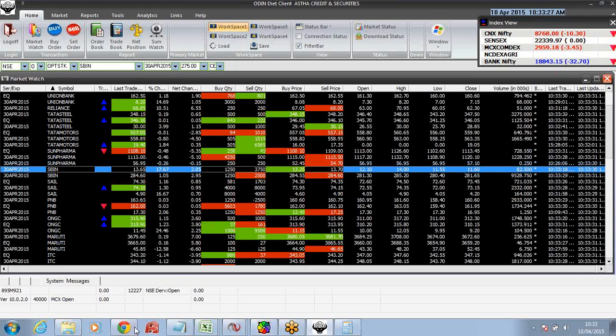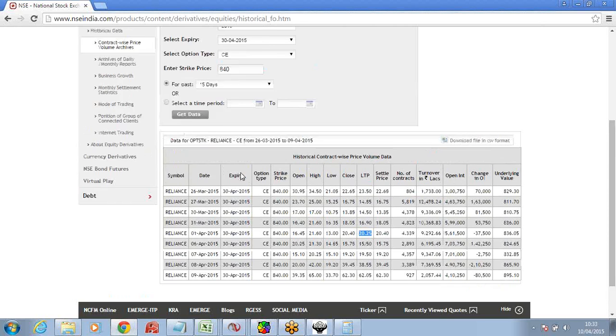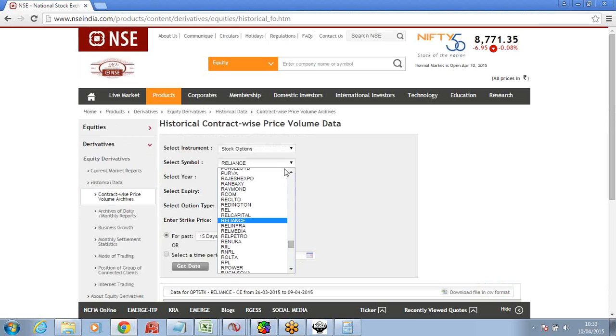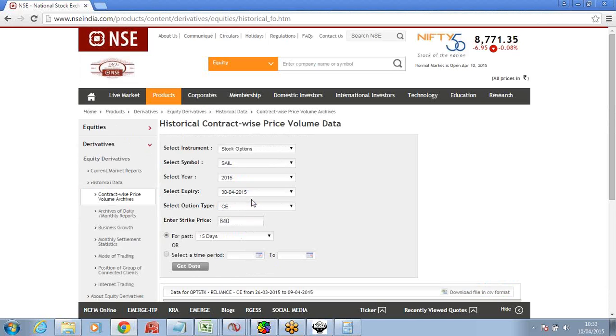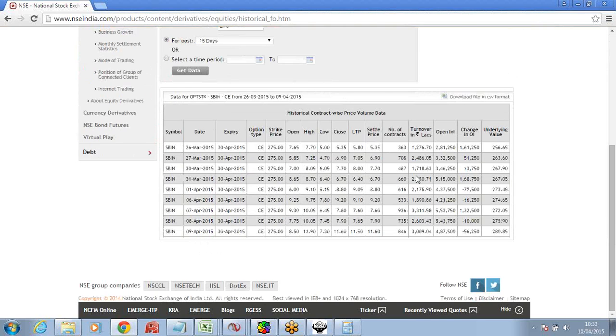Now what is the price at which we bought it? So let's change this Reliance to SBI. The rest of the things remain the same. I changed the strike price to 275 and then let's click on get data. You can see that on April 1st, almost at closing time, my price was around 9 rupees 5 paise.